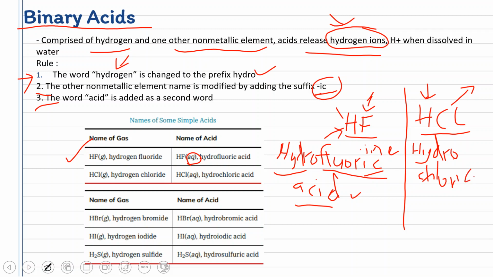Then I add the word acid. Then we have hydrochloric acid, and that goes for this. So by now, you're following the trend. Just follow the rules and you get it right.